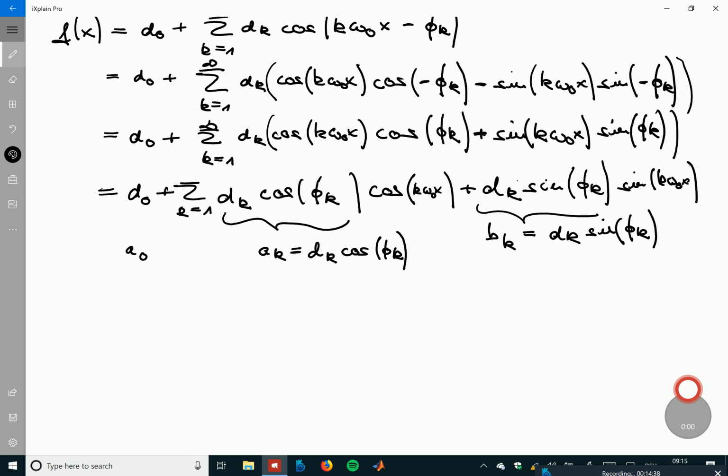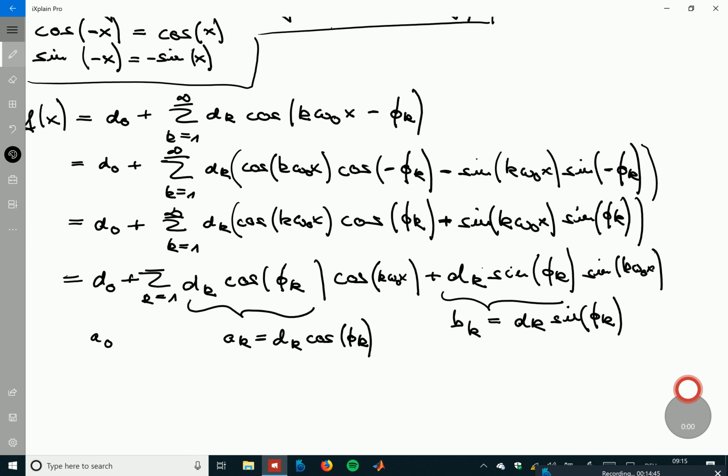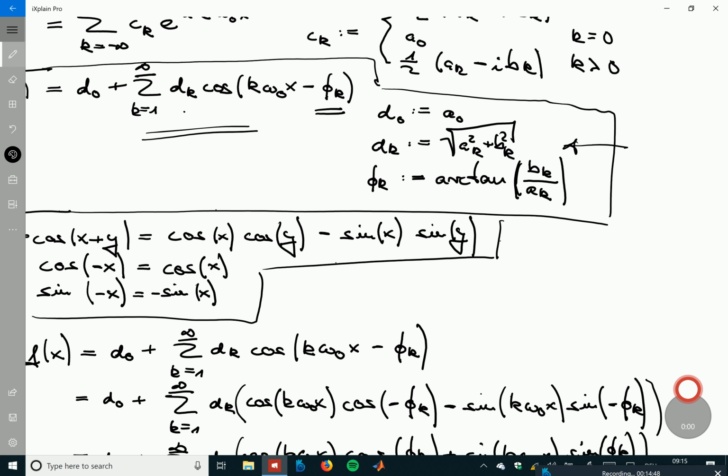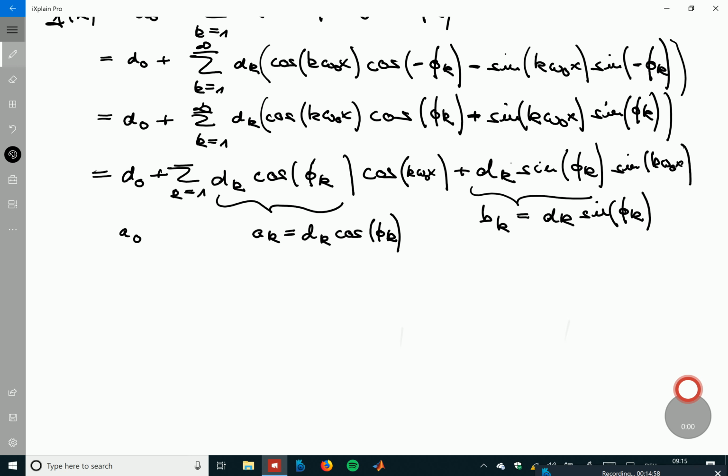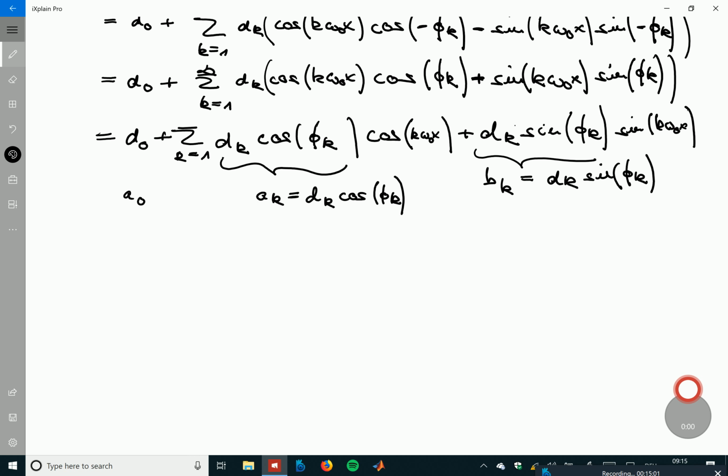Now we want to actually solve these for phi_k, because we want in the end to get here. This takes a little bit of trickery. We have a system of two nonlinear equations which we now want to solve for phi_k and d_k.